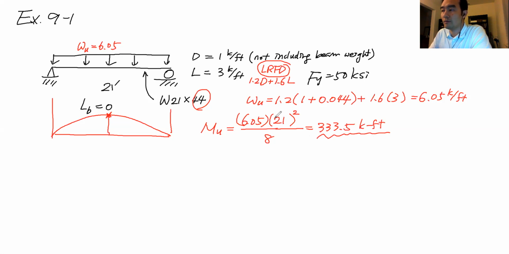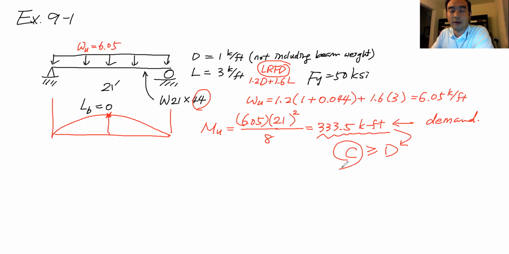We have to come up with the maximum moment, and this is, by the way, the factored moment. So it is going to be our demand using the LRFD. We always satisfy that capacity should be larger than or equal to demand. This is going to be our factored demand, and the capacity is going to be phi times Mn.